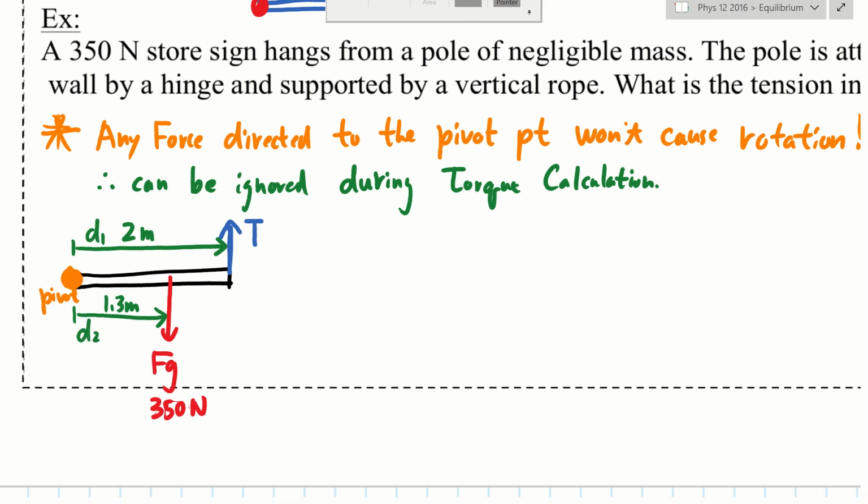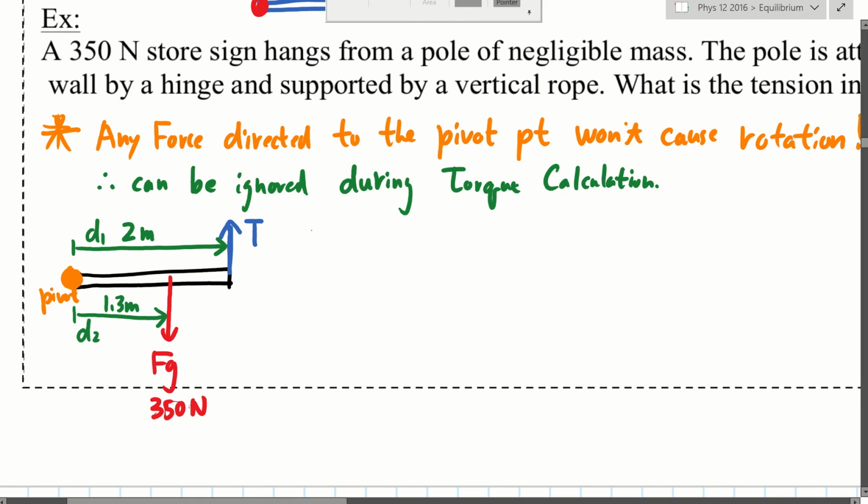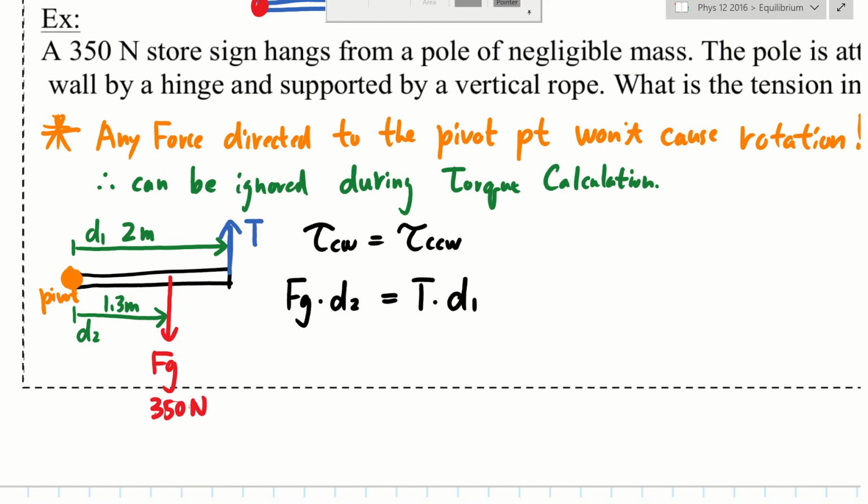All right, ladies and gentlemen, now let's write down the torque condition. In order for the torques to be equal, the clockwise torque should equal the counterclockwise torque. Clockwise, we have gravity. Therefore, Fg multiplied by D2 should equal tension multiplied by D1. So the force of gravity multiplied by its distance to the pivot is equal to tension multiplied by its distance to the pivot.